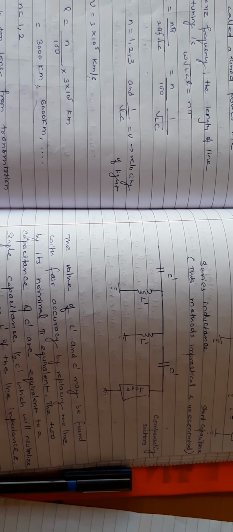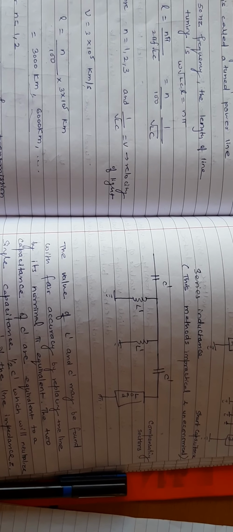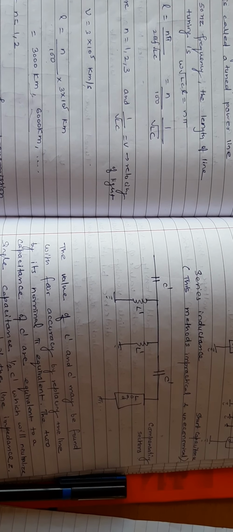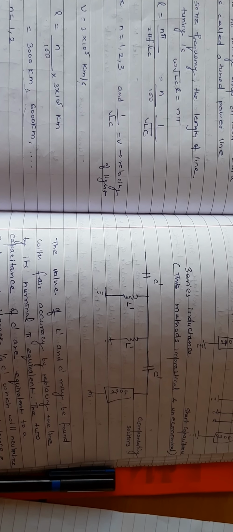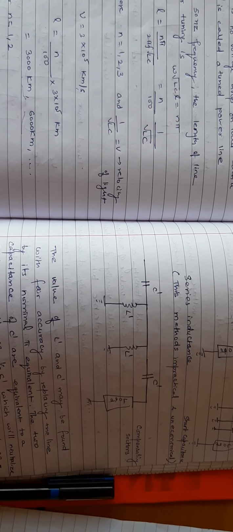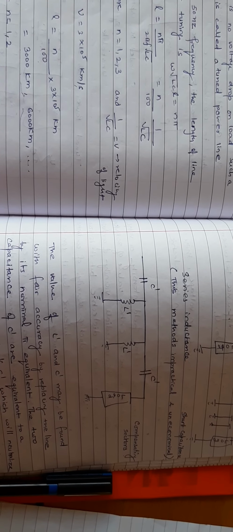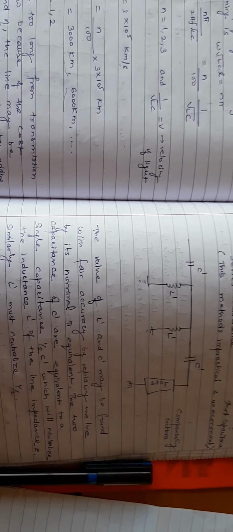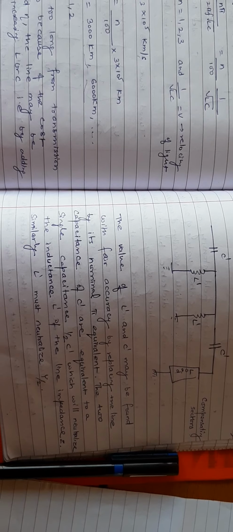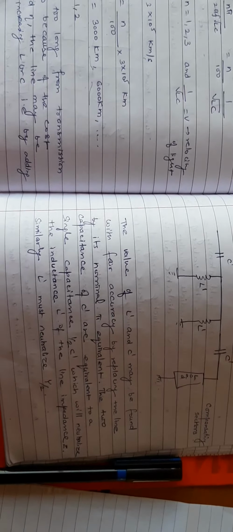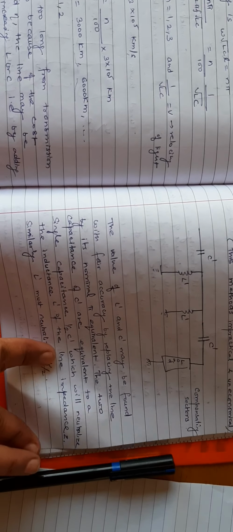C dash and L dash are so calculated that the C dash series capacitance will neutralize the effect of inductance in impedance Z, whereas L dash will neutralize the effect of capacitance in the shunt branch, so that virtually there will be no voltage drop.